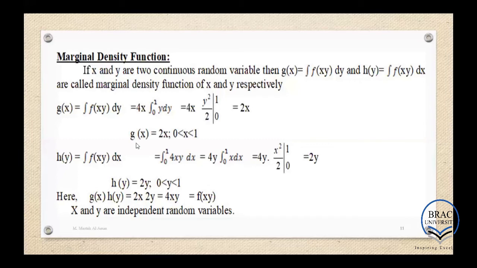From here, the marginal density function of x is 2x and of y is 2y. If we take their product, we have 4xy, which equals the joint probability density function. Therefore we can say x and y are two independent continuous random variables.